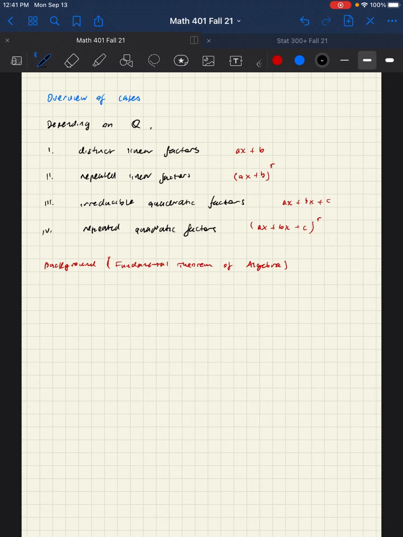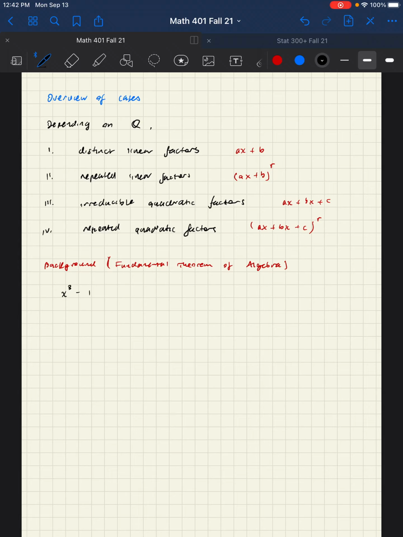Any polynomial that you can think of, for instance, I'm going to write down x cubed minus 1, can be factorized uniquely into irreducible factors. So they can't be broken down into any smaller pieces.